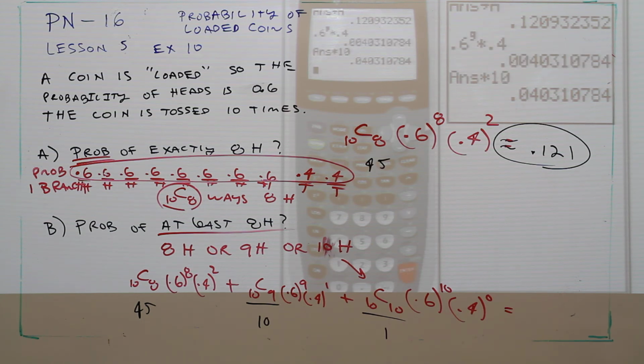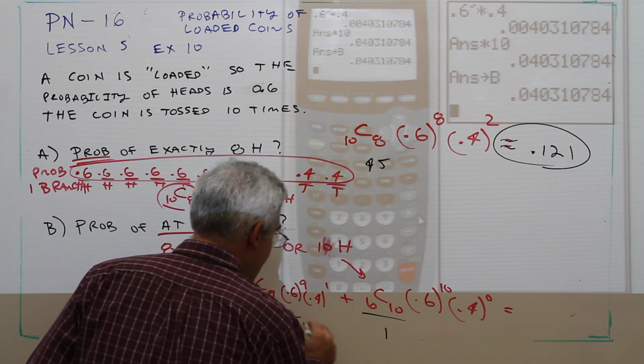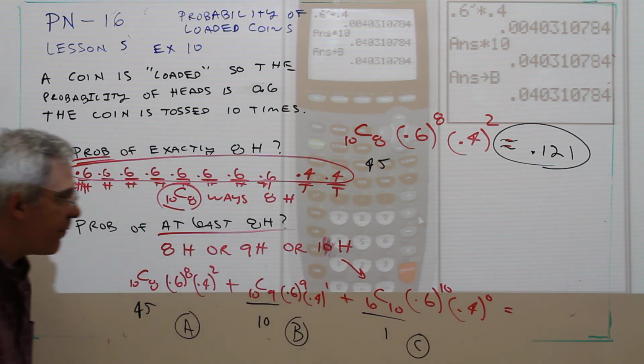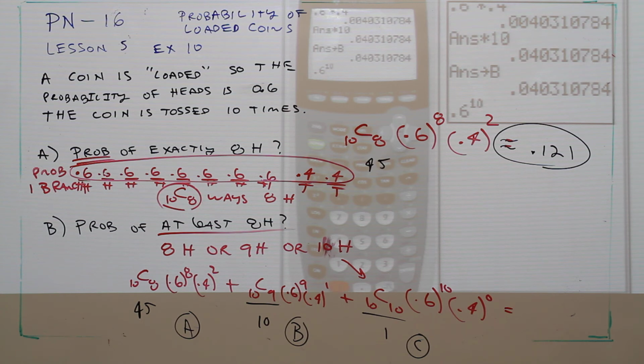I'll store that into alpha B. And then I'll do this, so this was in alpha A, this was in alpha B, I'll put this one in alpha C. It's just going to be 0.6 raised to the 10th, and I'll store that into alpha C.